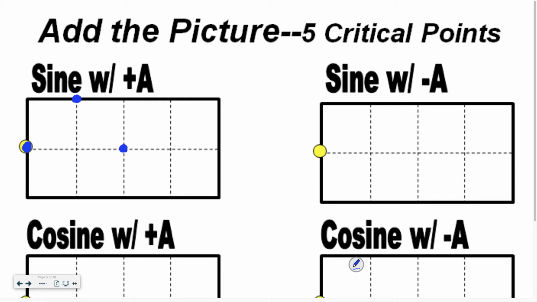Then at the next quarter mark, we need to go to the bottom of the frame to make that S shape. And then at the very end, we come back to the middle. All right, so our sine curve with a positive amplitude should look like this. You gotta go over the hill first.